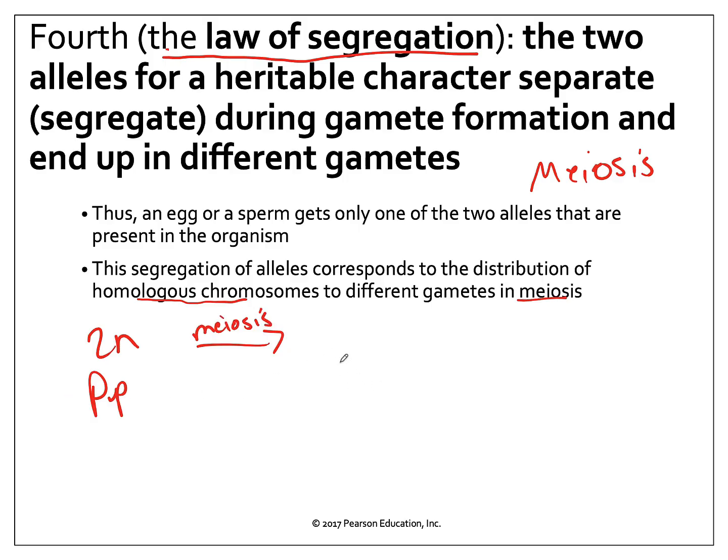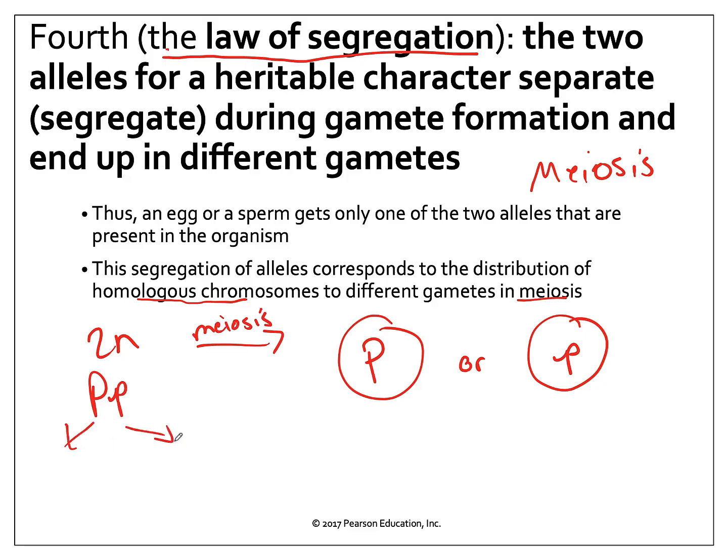This individual can pass on eggs or sperm that have half of the number of chromosomes. Right now we're just focusing on these two chromosomes right here. The two options for the gametes, let's say this is an egg: the egg could be big P, or we can make eggs with little p. You're not going to make eggs with both of them in there. This is the idea that during meiosis, these two are going to separate from each other and be inherited independently.